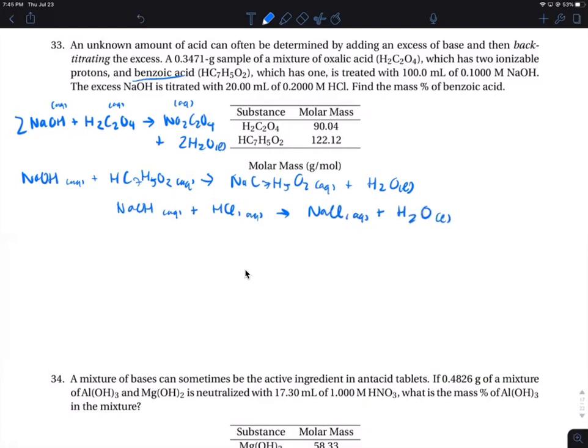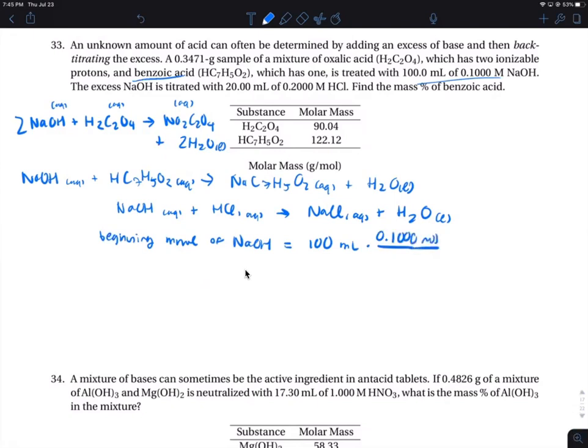All right, so let's go ahead and keep things in moles and we can convert to millimoles. So in the beginning, the millimoles of NaOH are, so we have 100 milliliters of this molar.